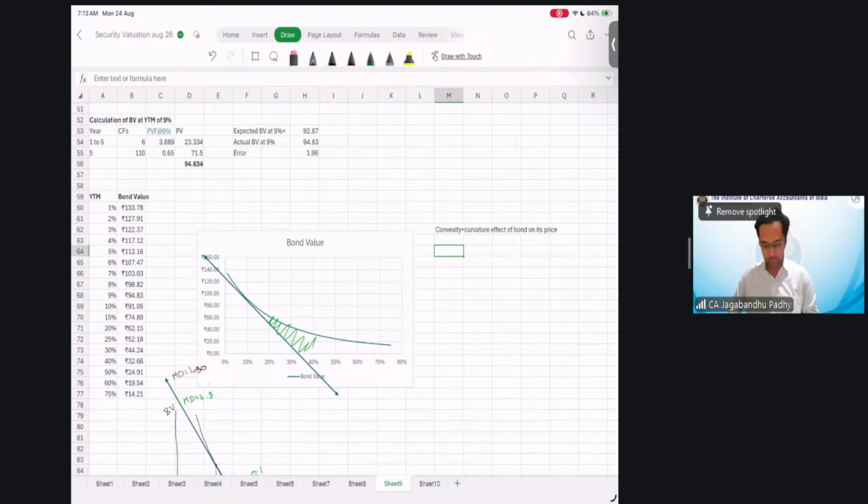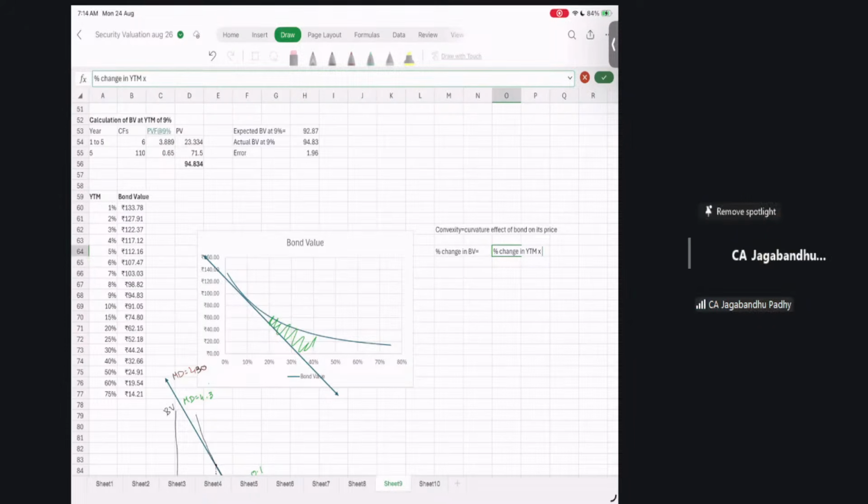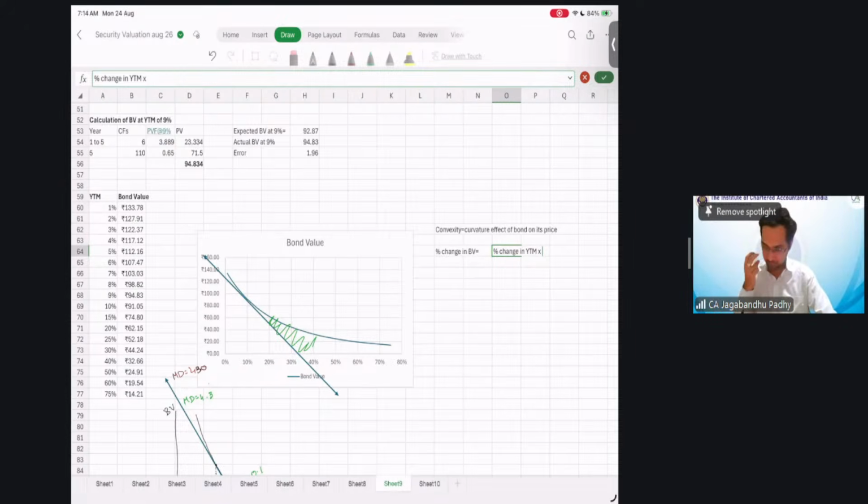Like we said, the percentage change in bond value was the percentage change in YTM multiplied by modified duration.